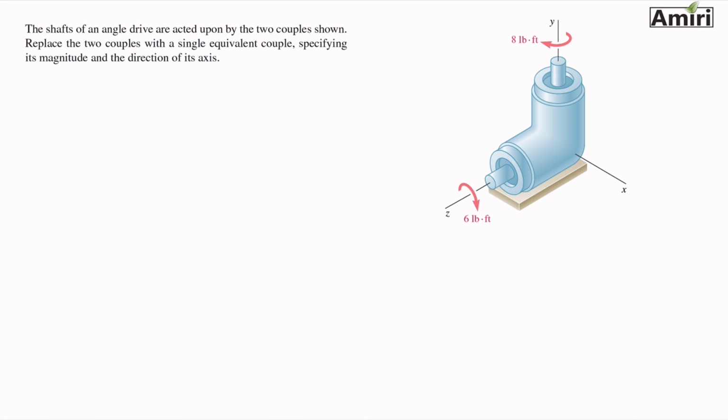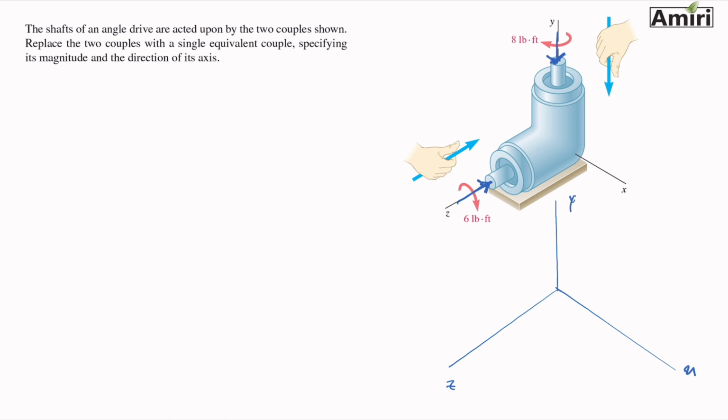So let's write these two as two vectors. Again, I put both of these here for reference. I have x, z, y. So one moment would be here, another one would be here, and you can place it anywhere you want along its line of action.